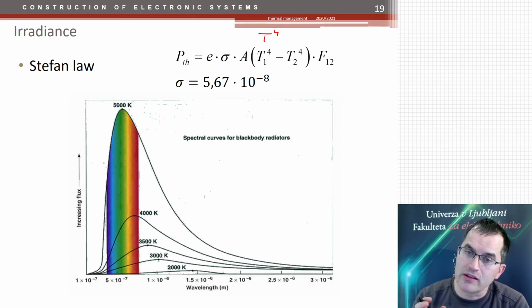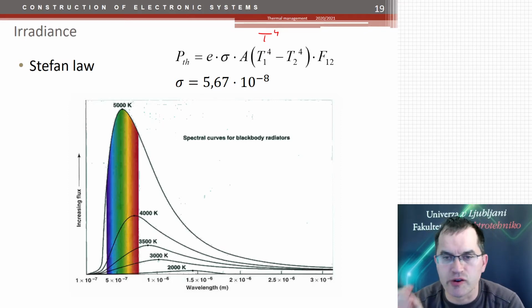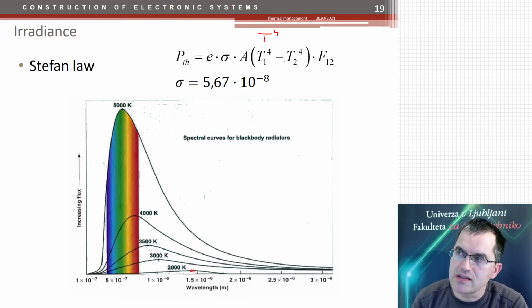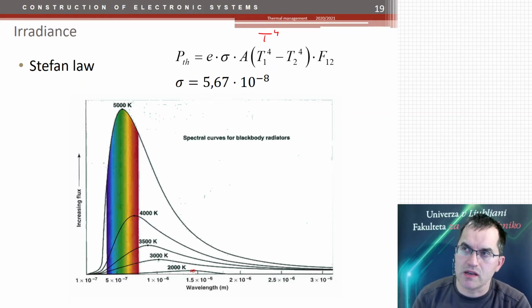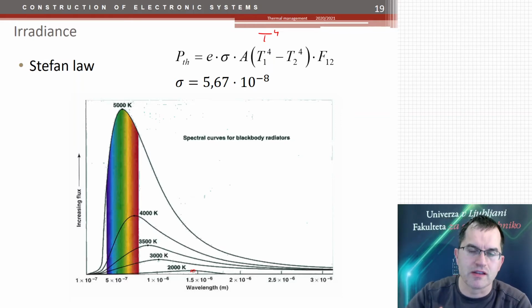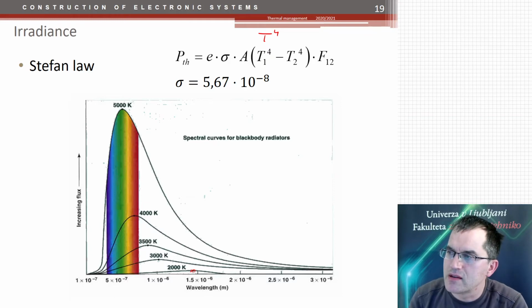But at temperatures at which the electronics work, that is actually not the case. So here, at lower temperatures, the heat transfer is not that efficient. So irradiance does not effectively transfer the heat with electronics in a normal environment, except in space. In space, it would be the only heat transfer from the satellites towards the empty space.